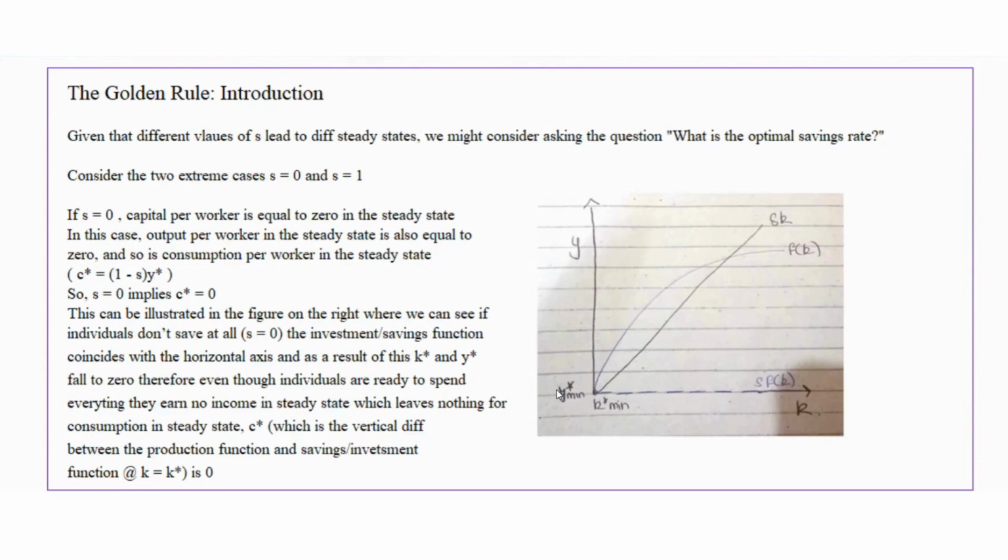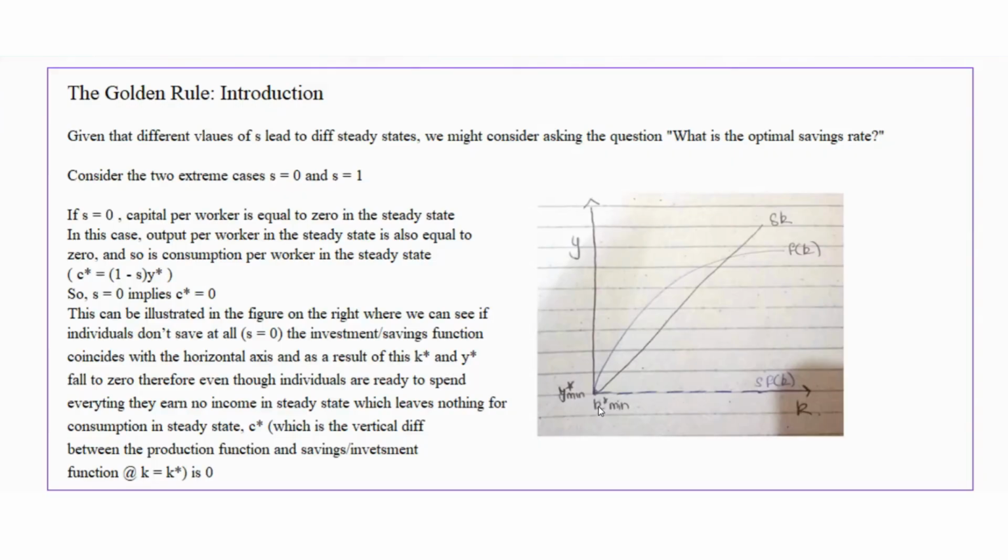So even though individuals are ready to spend everything they earn because S is 0, there's no income in the steady state, and that leaves nothing for consumption in the steady state, right? Graphically also we can see C star is 0, because graphically C star is the vertical difference between our Y given by the production function and our savings investment function value at K star.